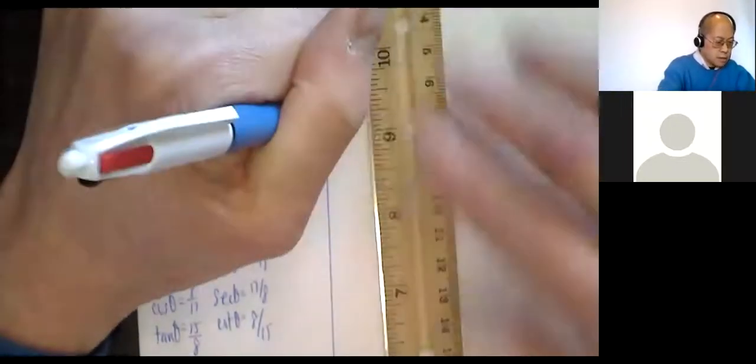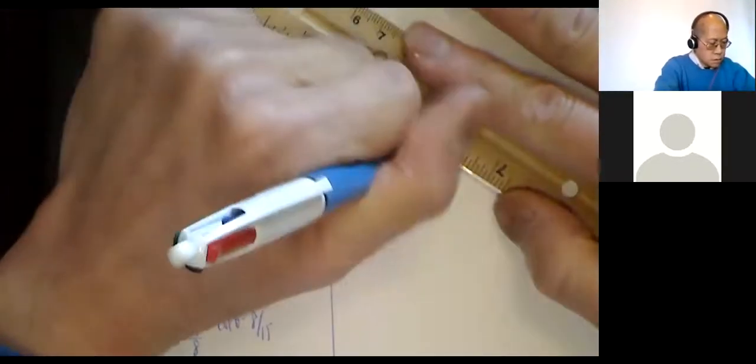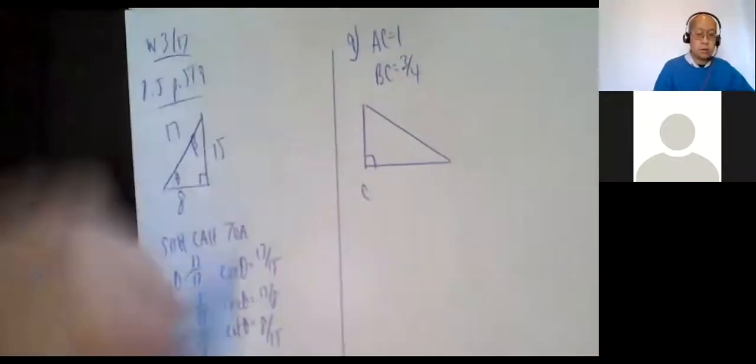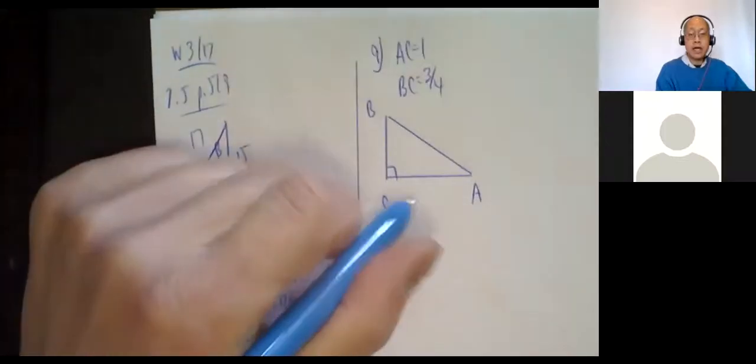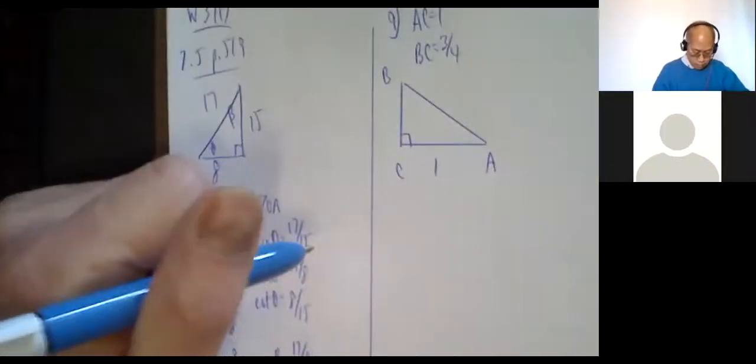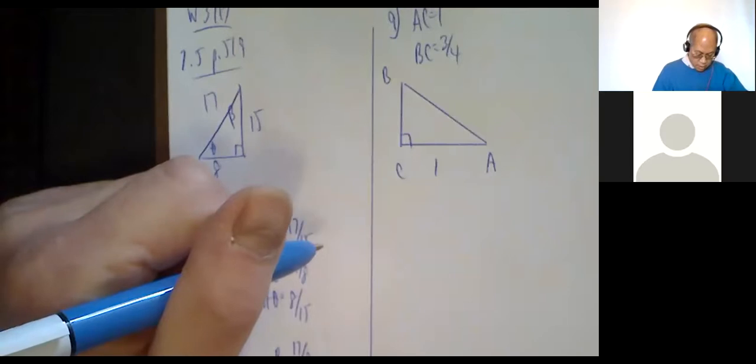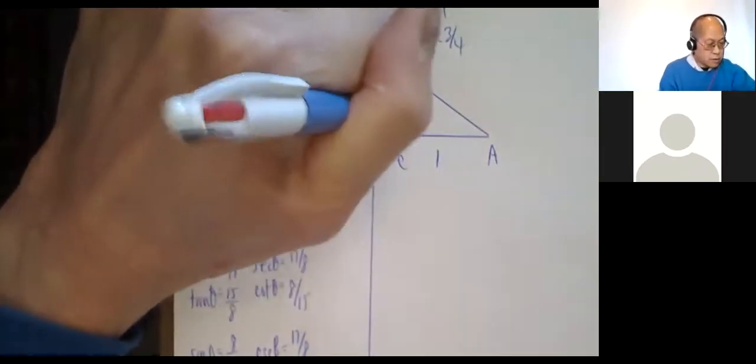Okay. So I'll just draw a similar picture. Okay, so they said AC is 1, BC is 3/4.